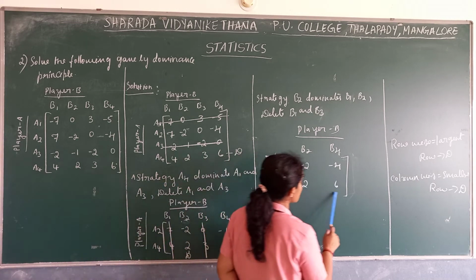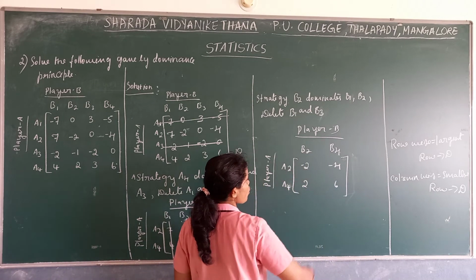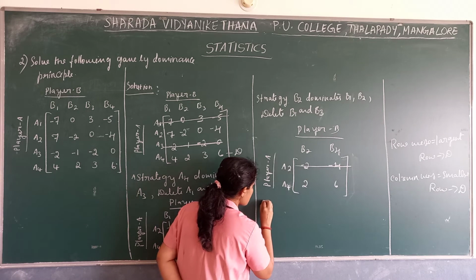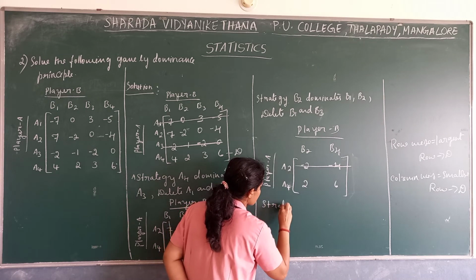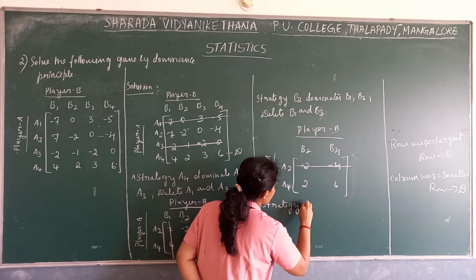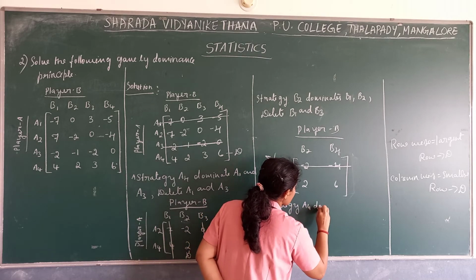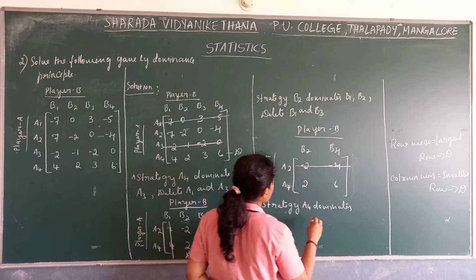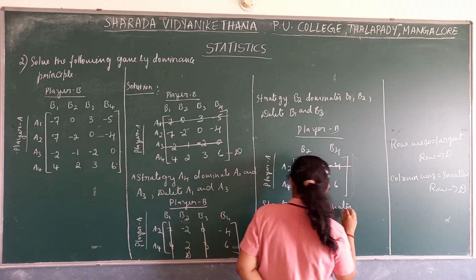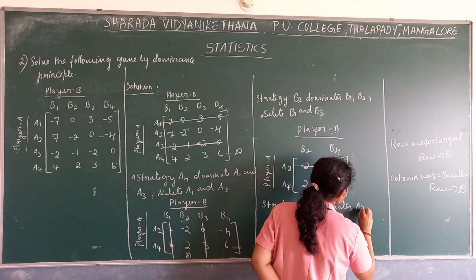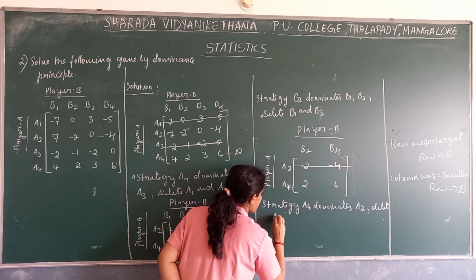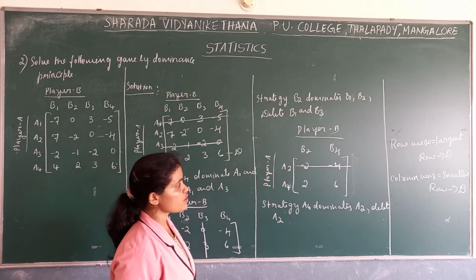A4 is the largest row. It dominates A2. So strategy A4 dominates strategy A2. So delete A2.